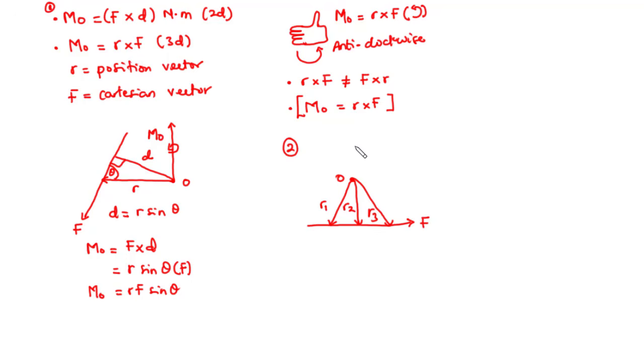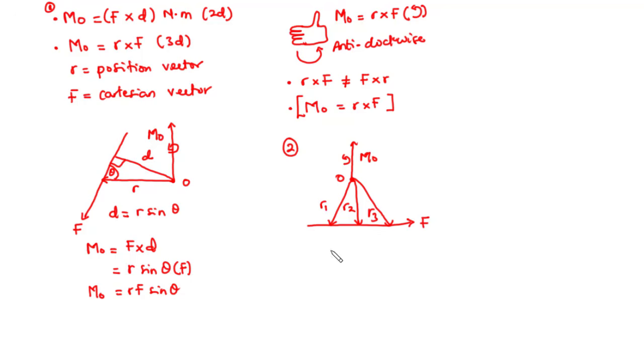And then let's assume that we have the moment acting vertically upwards here. Now, according to the principle of transmissibility, if you have more than one position vectors directed from O to any point on the line of action of a force, then the same moment will be produced at point O if you want to consider each of the position vectors.